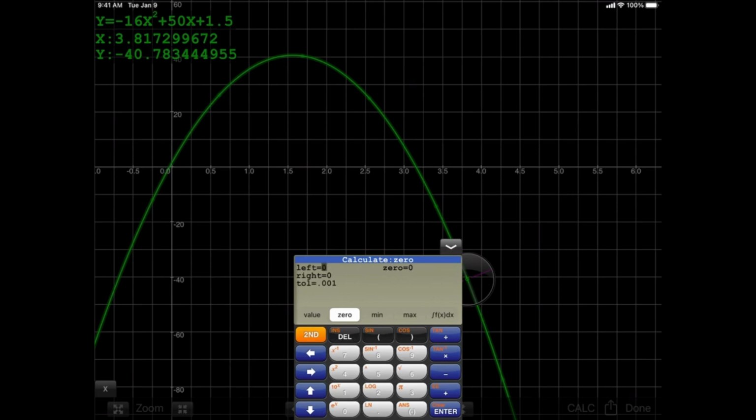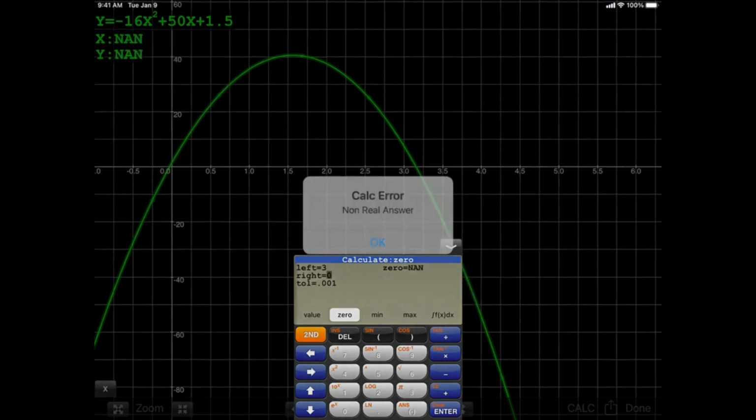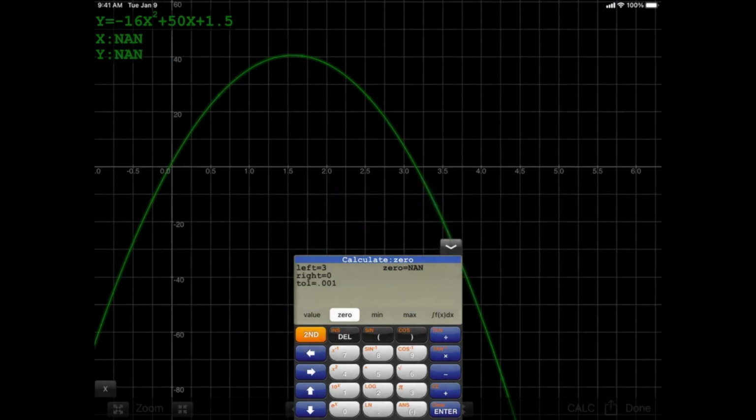And those are actually the perfect numbers to put in. So 3 is my left boundary, and my right boundary is 3.5. I don't know what TOL stands for. Well, once I clicked on TOL, my zero, it tells me, is at 3.15. And that's the answer, 3.15.